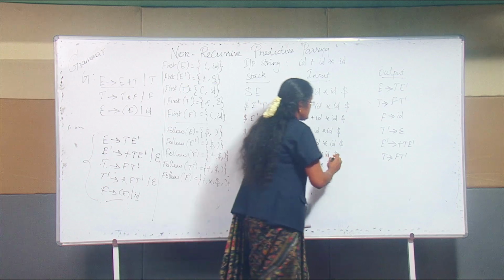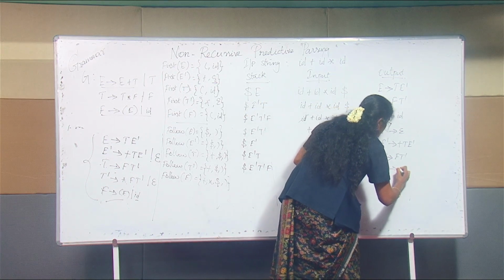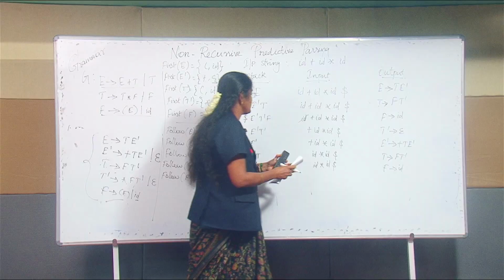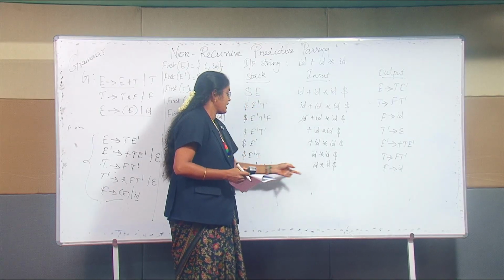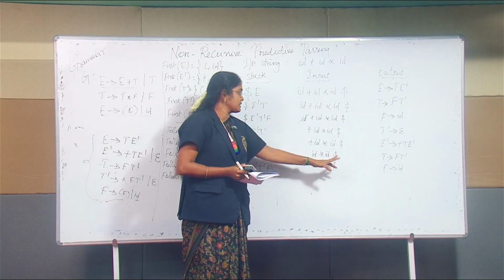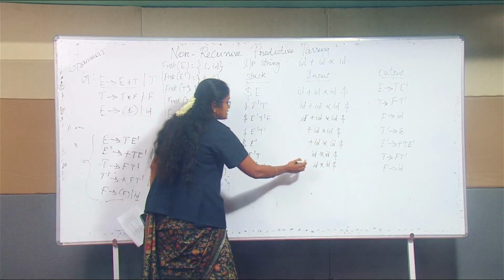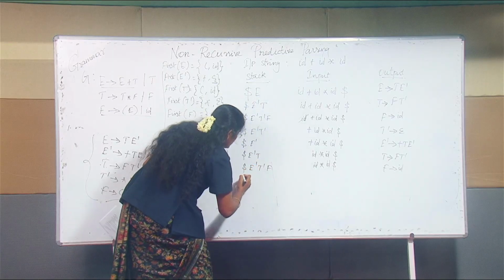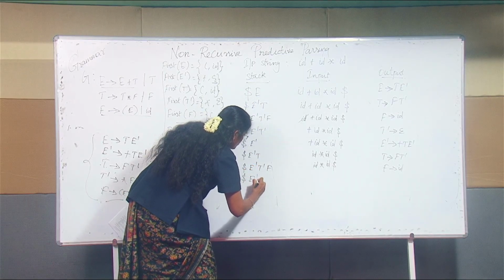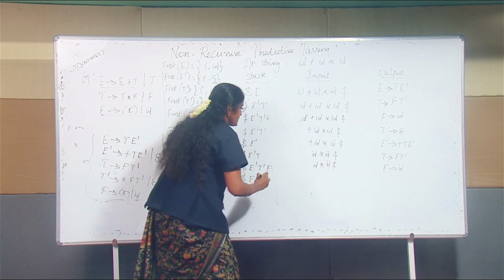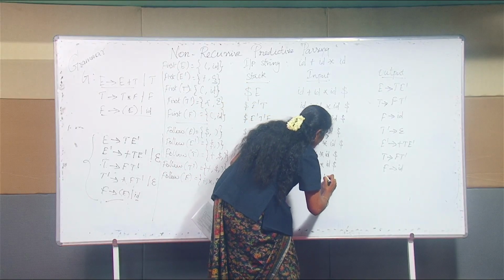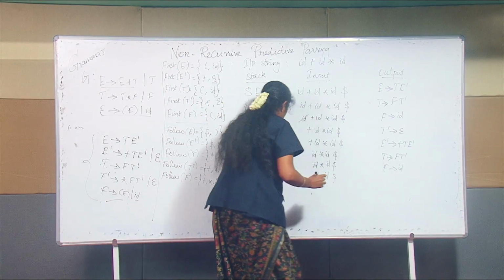Then now, look at this, F and ID in the parsing table, it has the production F tends to ID. Okay. So this ID and this ID will be removed. E dash T dash star ID dollar. Okay.